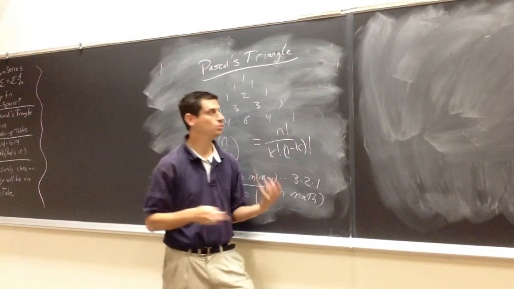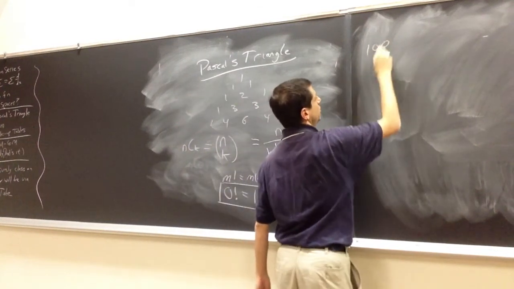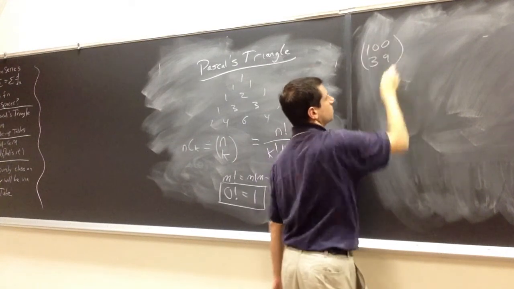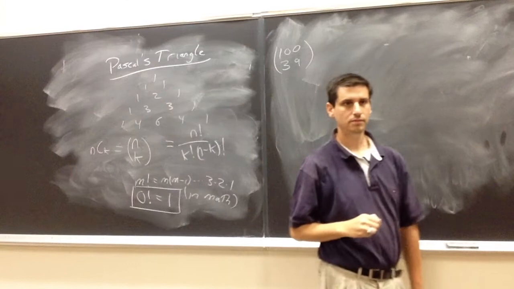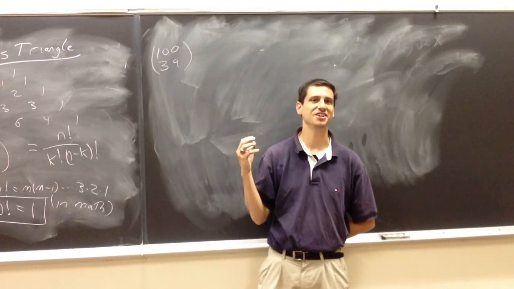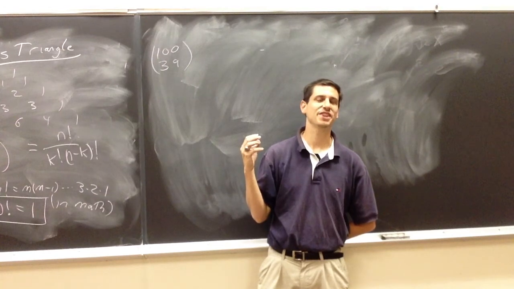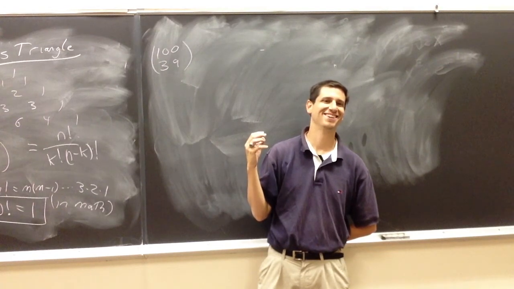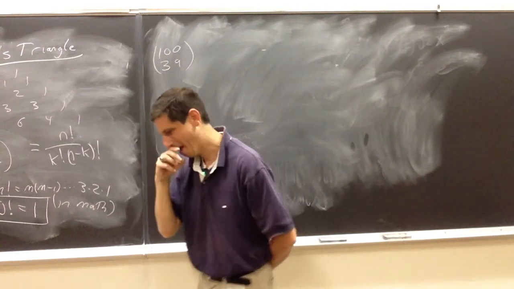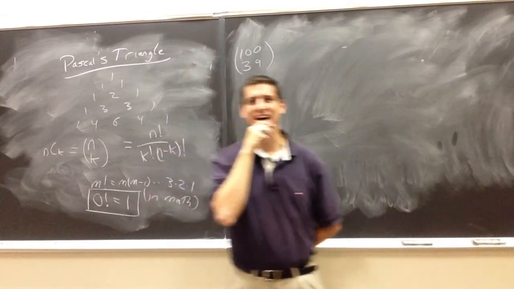But let's say you really wanted to do 100 choose 39. There's a lot of ways to arrange the calculator. Yours did it. Okay. Do 1,000 factorial, please. Infinity. All right.